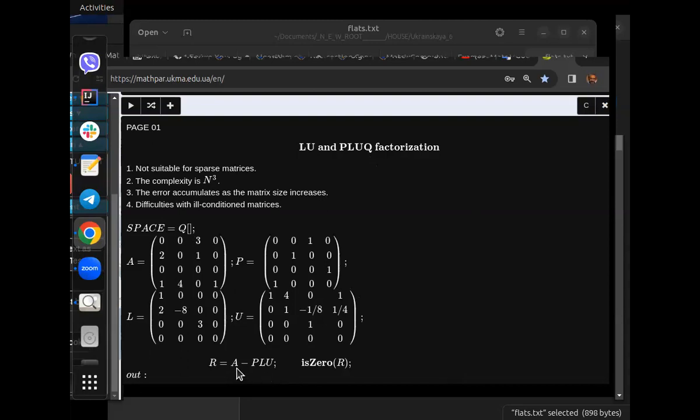We can check that if you compute such a product and subtract PLU from A, we obtain R. R is a zero matrix, and we can check it. Is it zero? Yes.